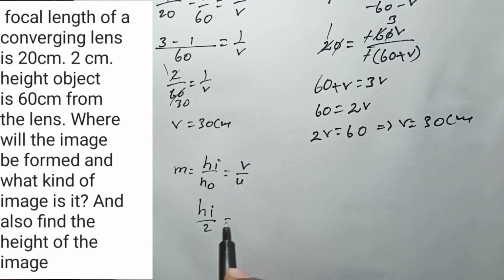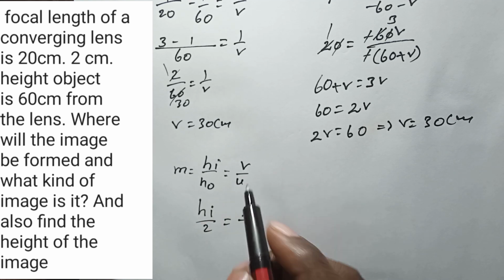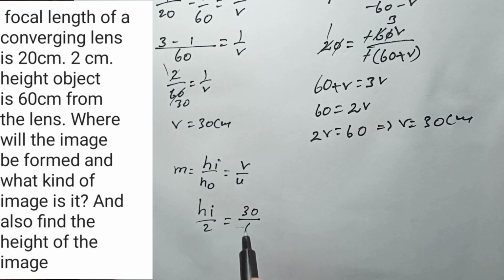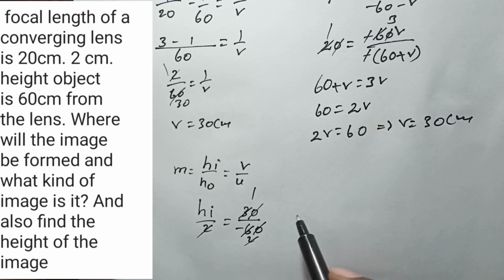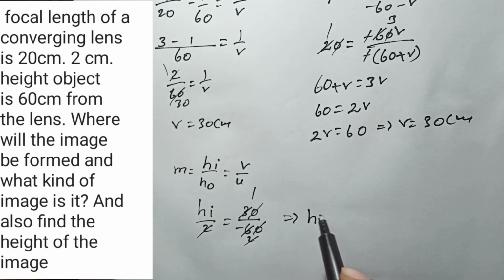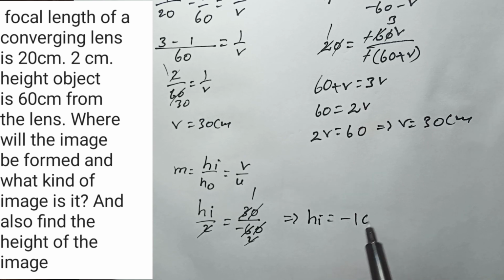So height of the image by 2 is equal to V value, just now we got 30 centimeters, by U value, in the problem they gave minus 60 centimeters. We have to apply the sign convention. Actually only 60 centimeters was given by them, but we are applying the sign convention. So 0 0 is going to get cancelled, 2 1s are 2, 2 2s are, and this also is going to get cancelled. So that implies height of the image is equal to minus 1 centimeter.